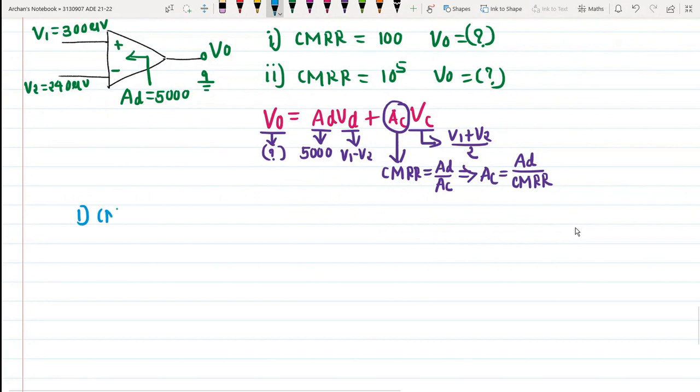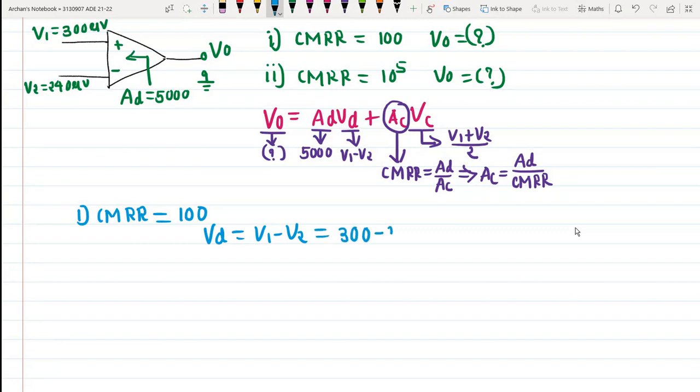where we have the value of CMRR equal to 100. The differential voltage in that case is V1 minus V2, which is 300 minus 240 microvolt, equal to 60 microvolt.